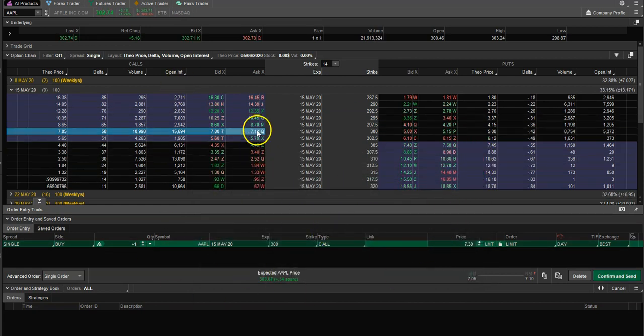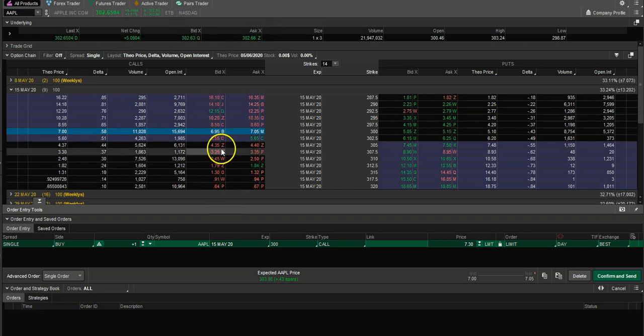Now, if you are bullish, you would buy on the ask. If you're bearish on the call, meaning let's go out. Normally, you don't want to buy in the money calls. You want to buy out of the money calls. The reason being is you want to give yourself time to be right and also direction.